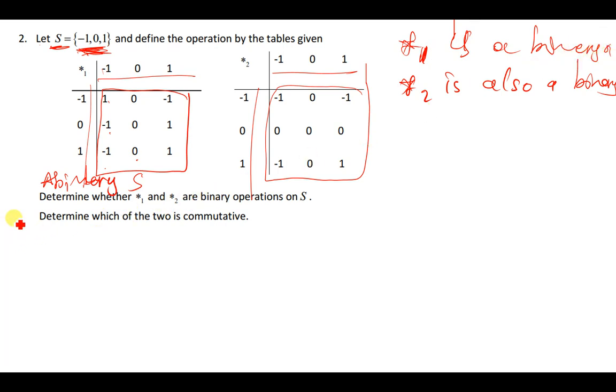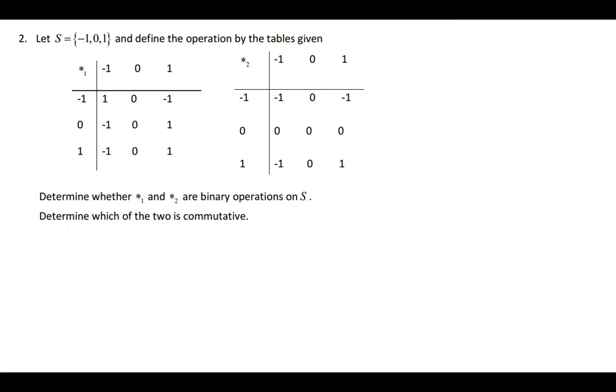Then the second question is determine which of the two is commutative. So how can you know that this one is commutative, this one is not commutative? You look at the outcomes, in short, the outputs.